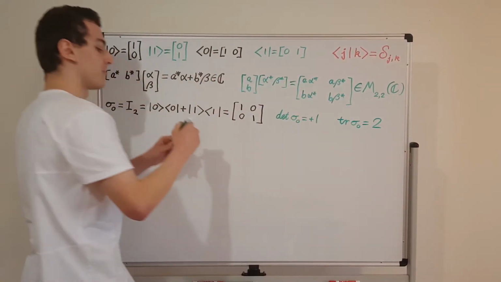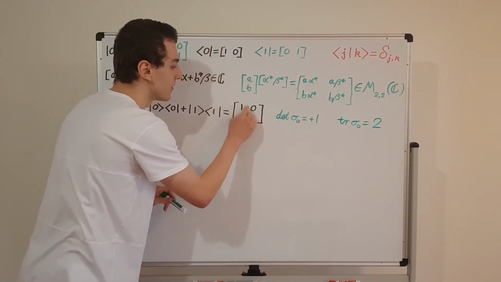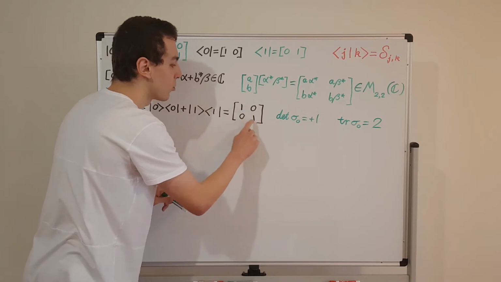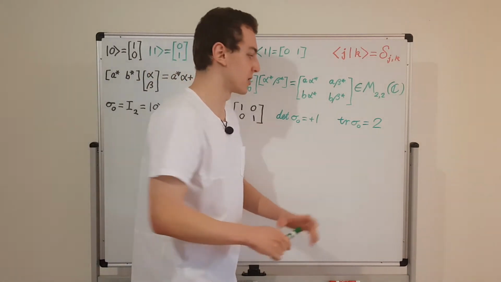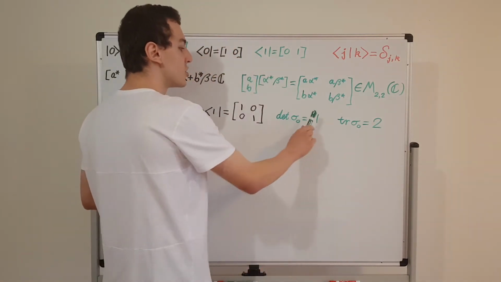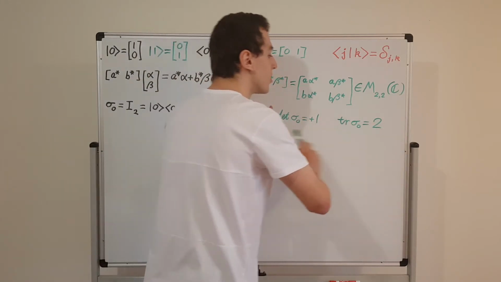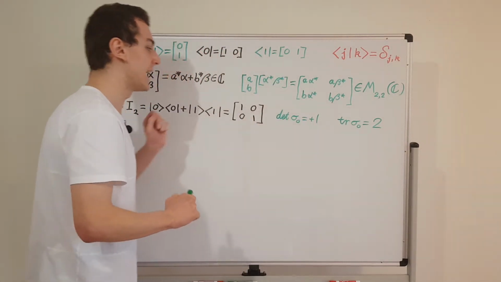Let's write a 2 over here. So the important thing to notice is that the trace, which is the sum of all of these diagonal elements, 1 plus 1, that is non-zero. So this trace is a positive number, which is 2. And this determinant over here is plus 1 for the identity. This is going to be different for the Pauli matrices, which we'll see in a moment.